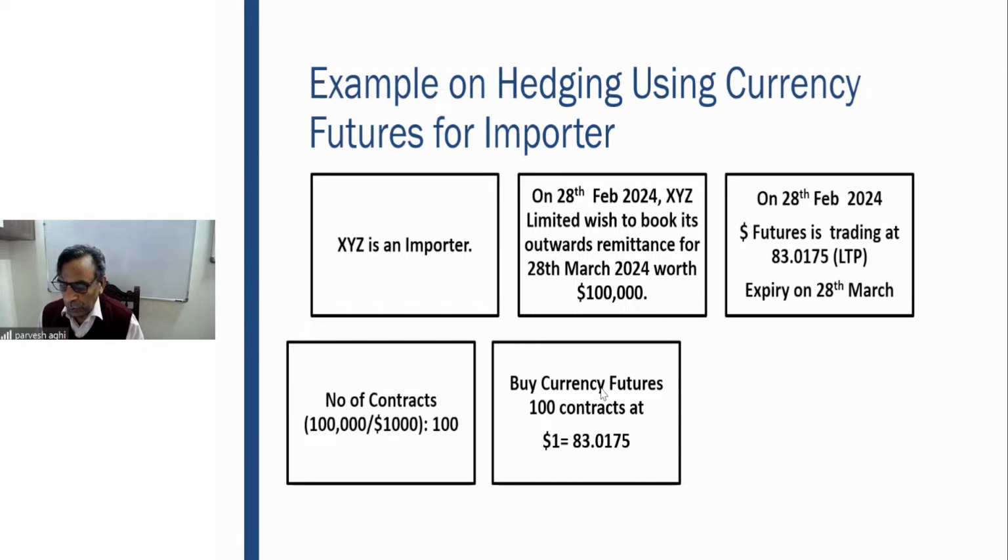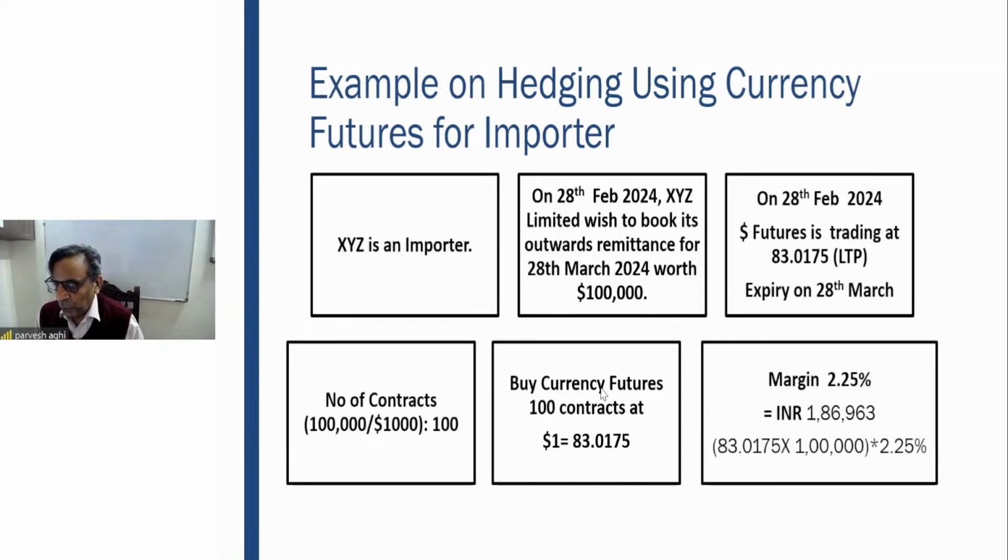The moment you do this, you will have to pay a margin, which I told you is 2.25%. So 83.0175 is the price you have chosen, multiplied by $1 lakh into 2.25%. So you have to pay a margin of 1,86,963.